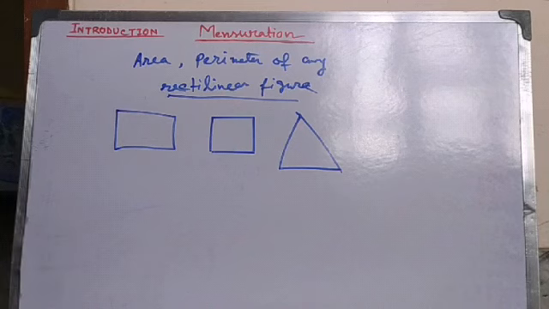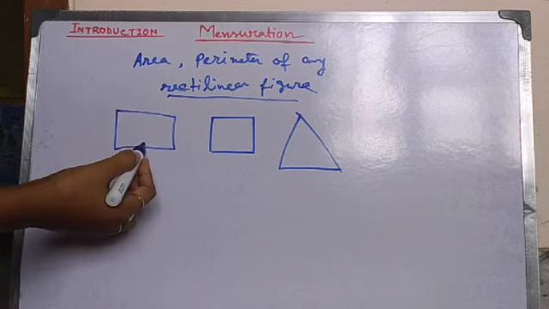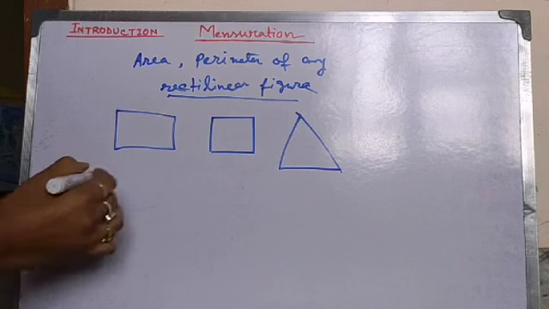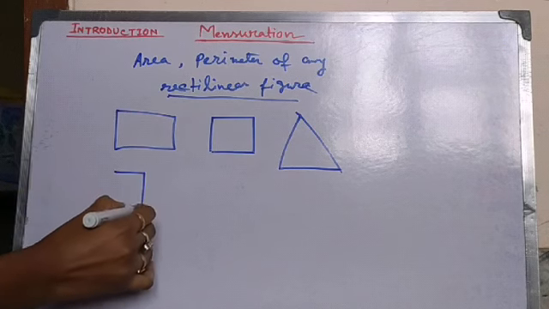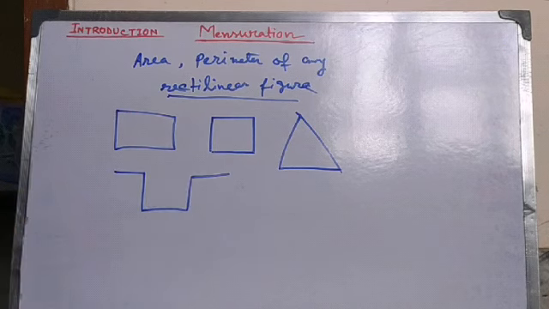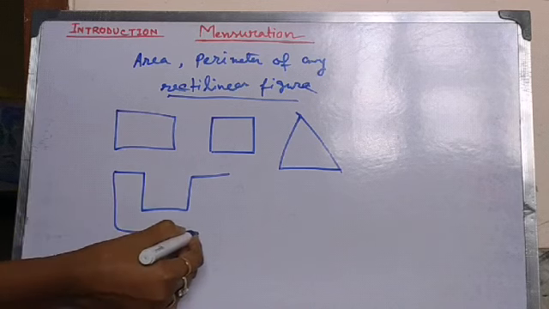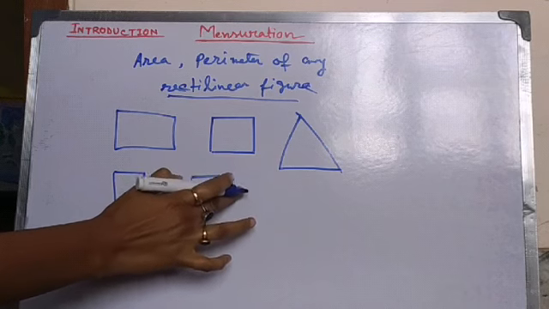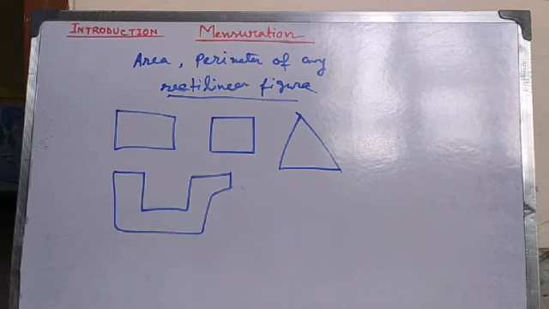Now we will see the perimeter of the figures, rectangle and square. Before studying perimeter, I will discuss one more thing, that is closed figure. What do you mean by closed figure? Is this a closed figure? Yes. But this one is a closed figure. This one is a closed figure.